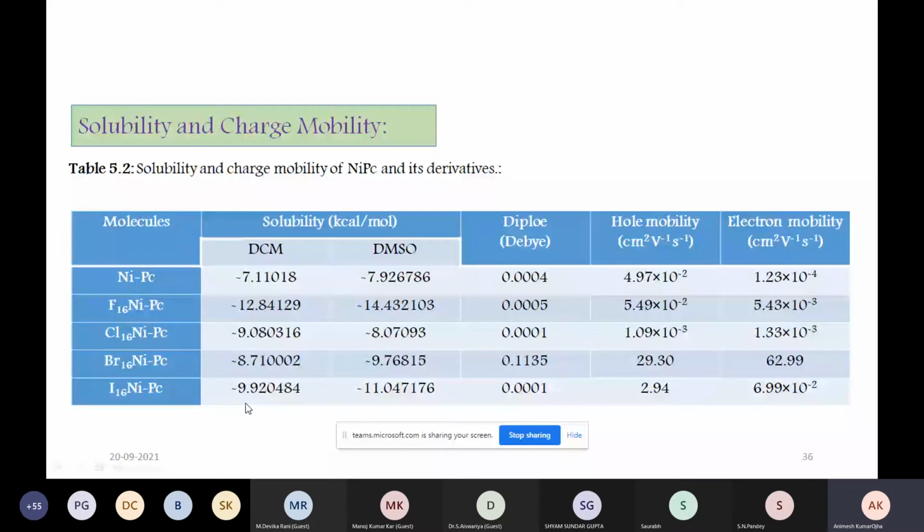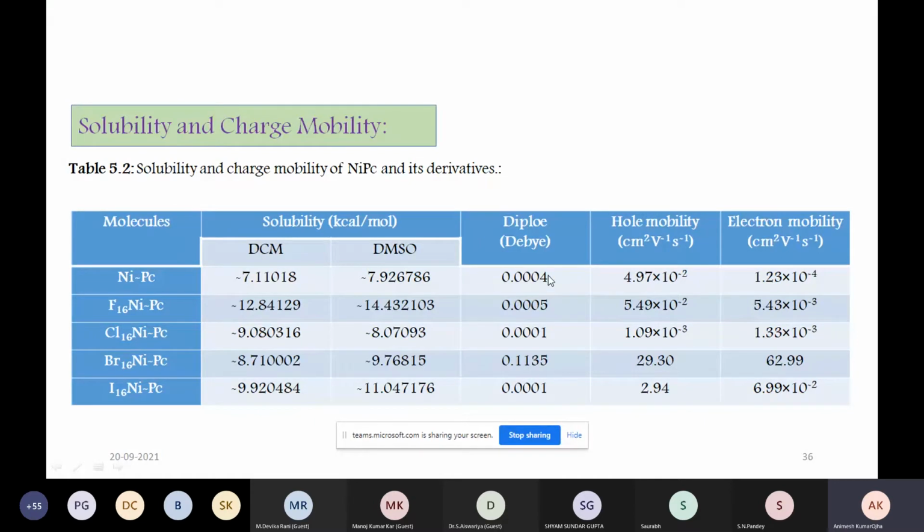The dipole moment of the original NIPC is basically 0.004, and in this case it increased, but in the case of chlorine it is even less, and in the case of iodine it is much lesser than the original NIPC.